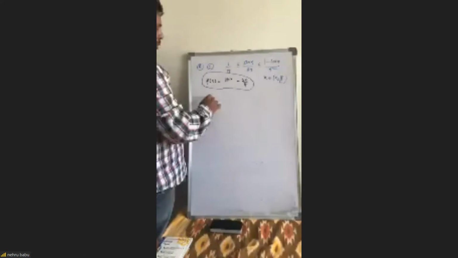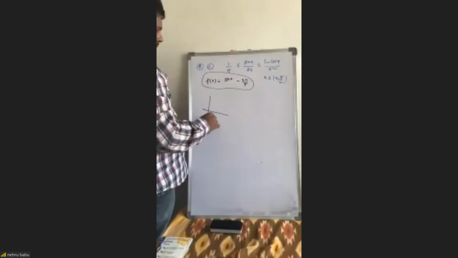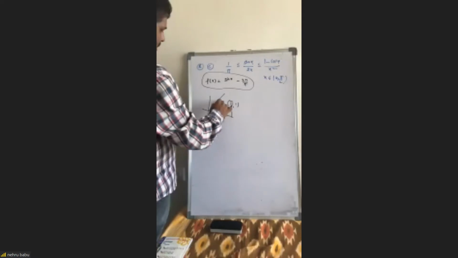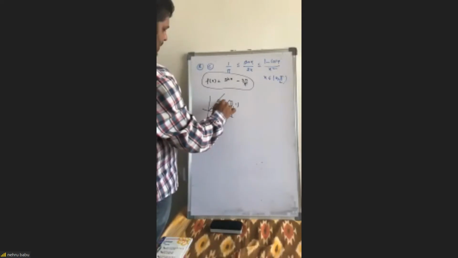Take f of x as this result and find f dash x. Just check that nature. And one more method, if you remember, we know sin x is less than x only. After knowing sin x is less than x, on this graph at x equal to pi by 2, this point is pi by 2 comma 1. If you take any other general point on this curve, the point is x comma sin x.